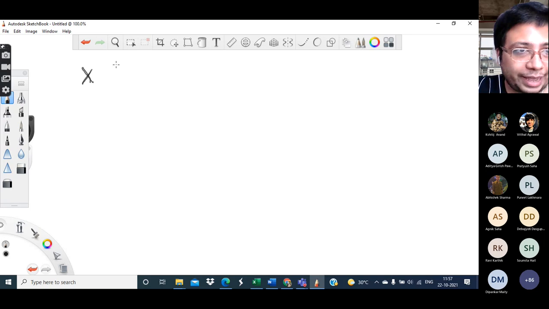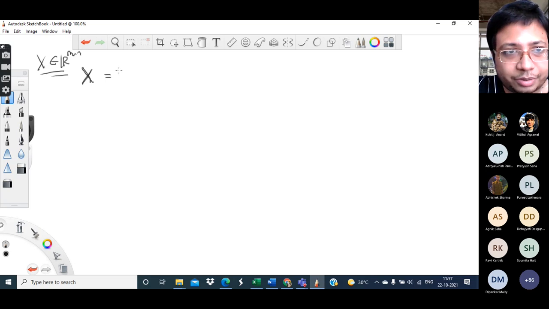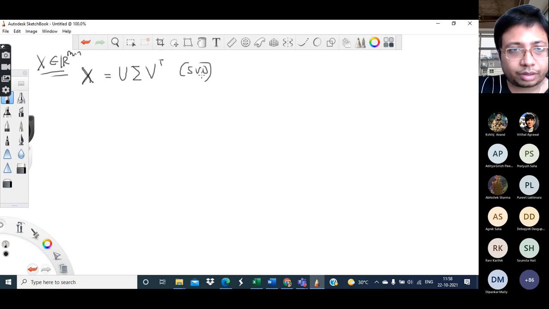So let us say that X is any m cross n matrix. X, as we know, we can write it in this way by SVD. Now you may be interested to ask what about the inverse of X?